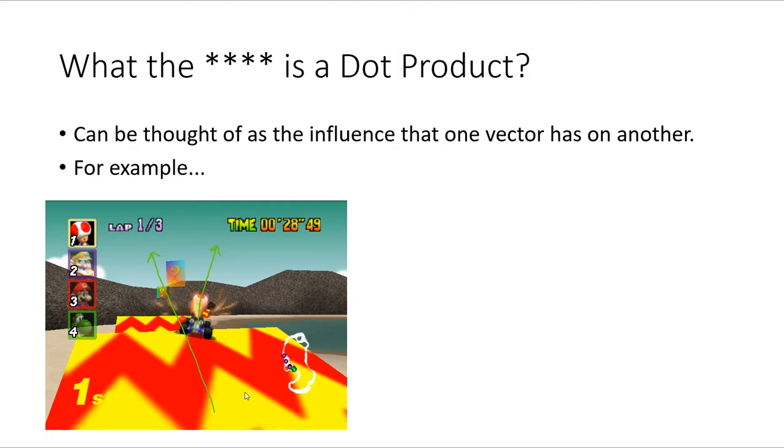So if you hit that boost dead on, it gives you a better boost. If you hit it completely sideways, it doesn't give you a very good boost at all. So a dot product is a measure of how impactful the boost vector is to your initial velocity vector.